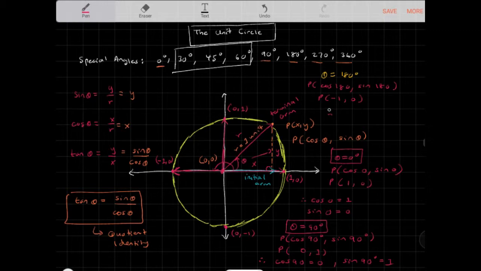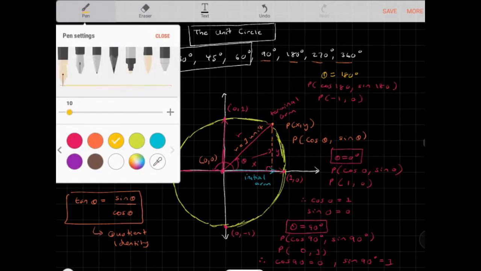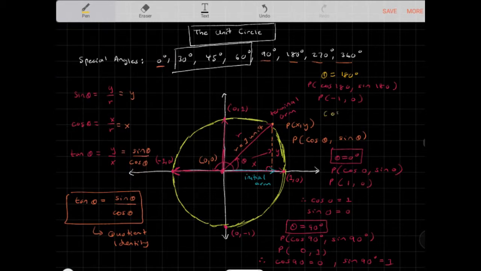So, let's use a different color so we don't get mixed up. Cosine 180 is equal to negative 1, and sine 180 is equal to 0. That makes sense? So that's basically half of a circle.